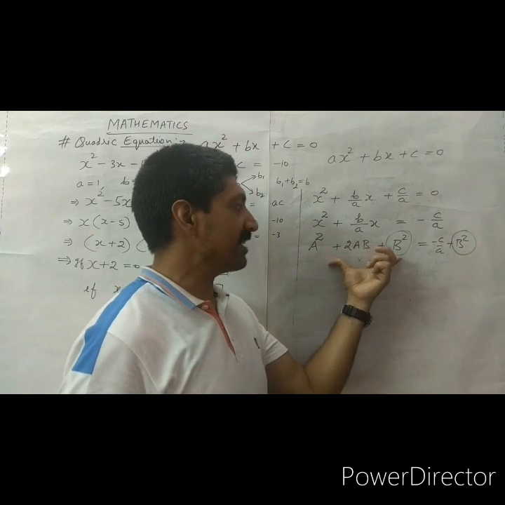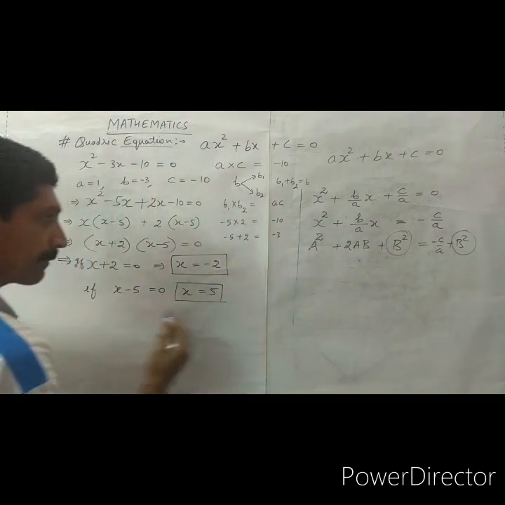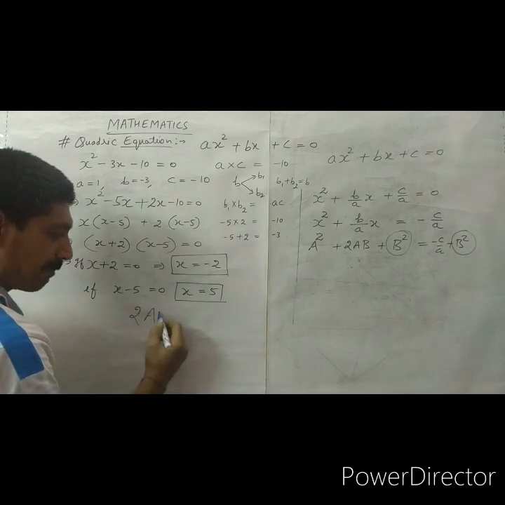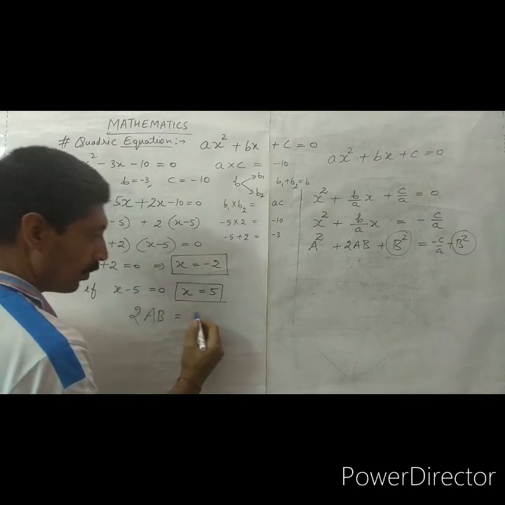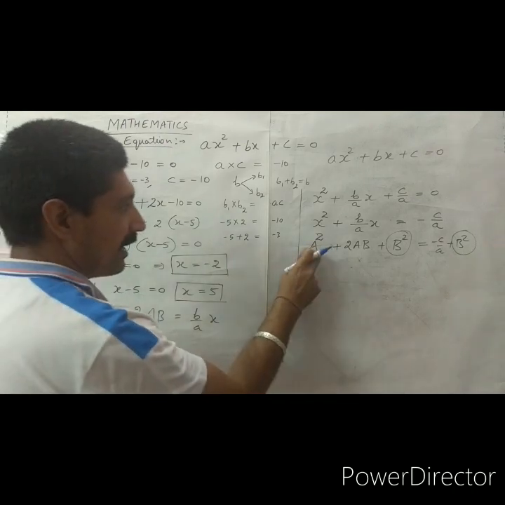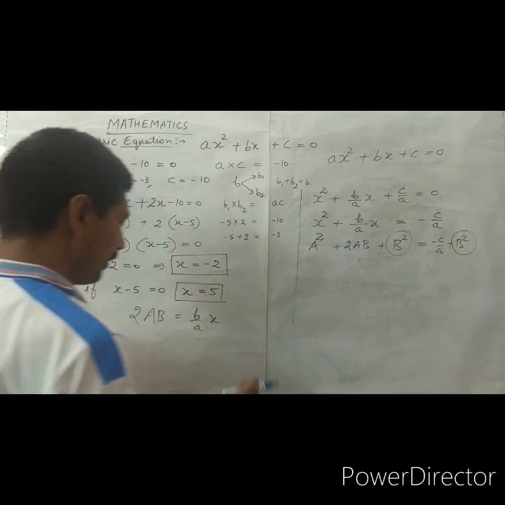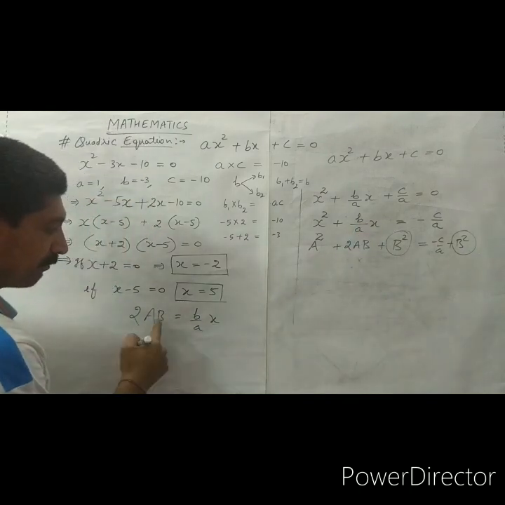We want to complete the square here, so I am correlating this 2AB with b upon a times x. Since A is x, x gets cancelled with x. So what is the value of B here?